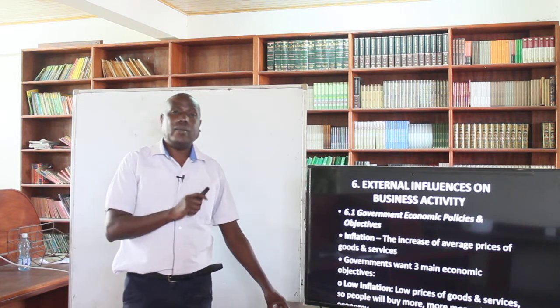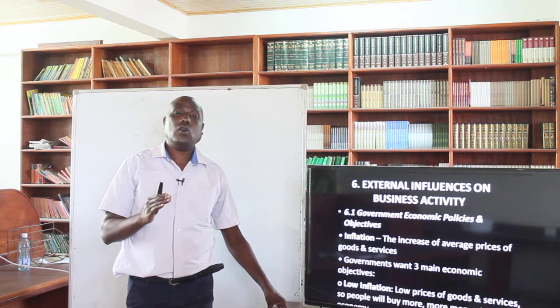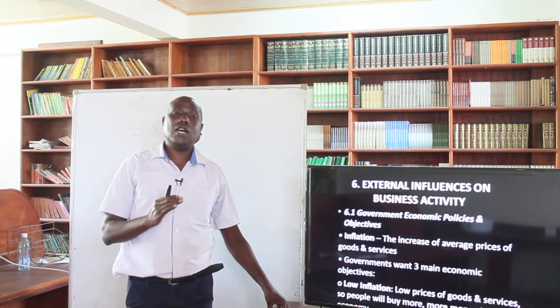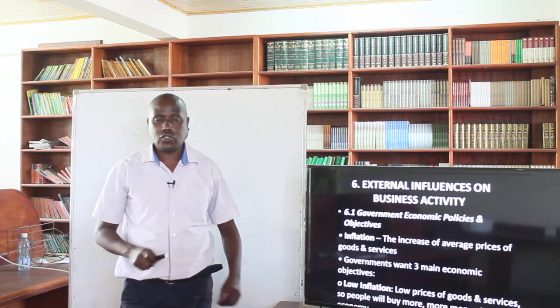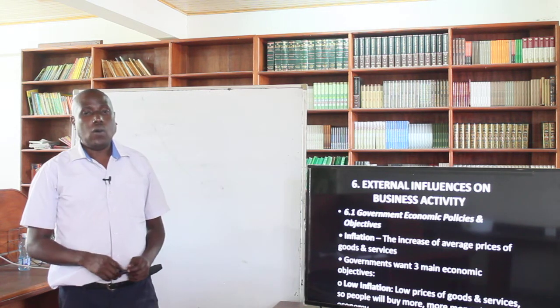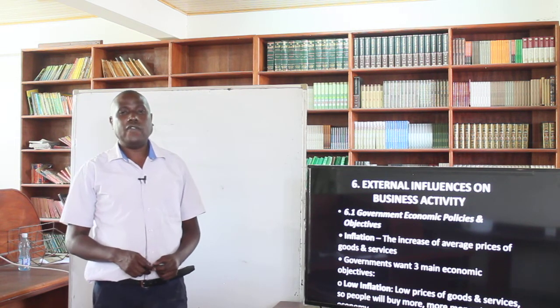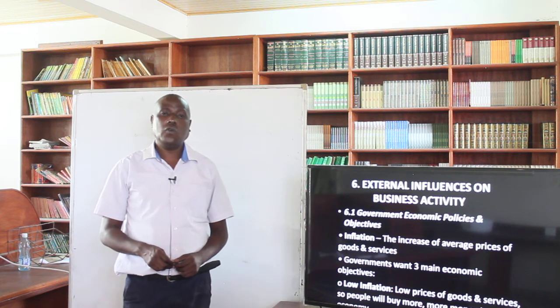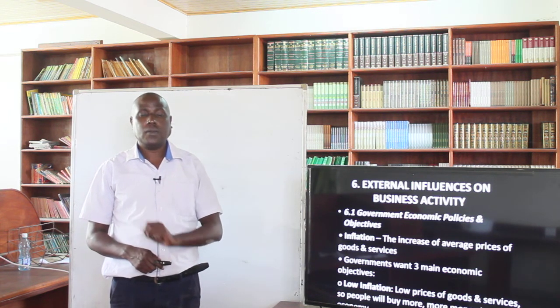So the government regulates all business activities, and it has its own economic policy. The government has objectives it wants to attain. One of them is inflation. Now, when there is an increase in average prices of goods and services, this is what inflation is all about.